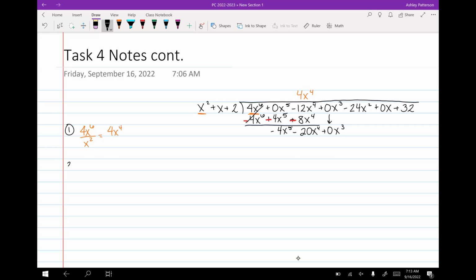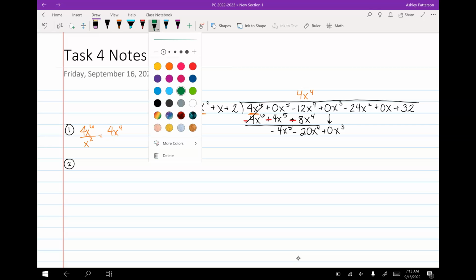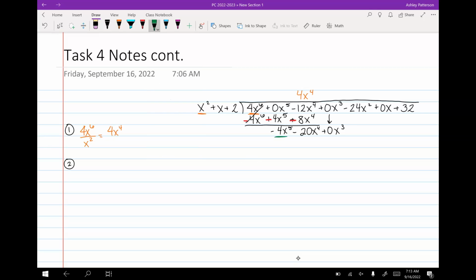Okay, so then the next thing that we're going to do is divide negative 4x to the 5th by x squared. So I'm just going to write it over here. Again, you don't have to, just my personal preference, so that I can see, oh, okay, I have negative 4, and then the x is reduced to x to the 3rd. So that's going to go up top over here, so minus 4x to the 3rd.